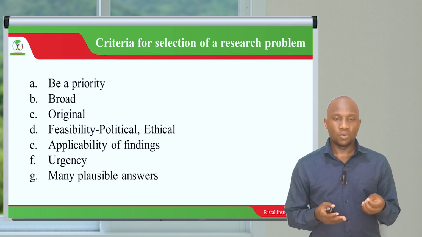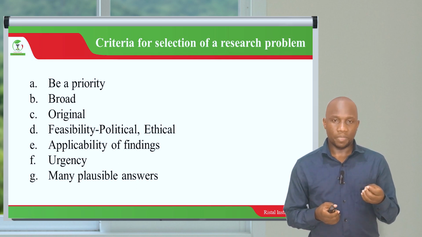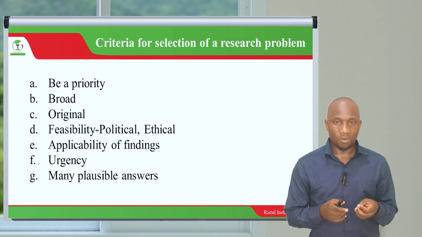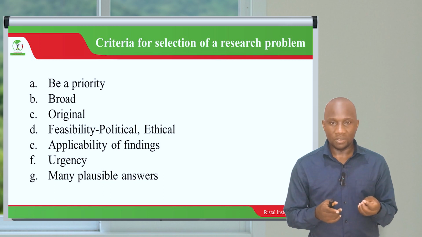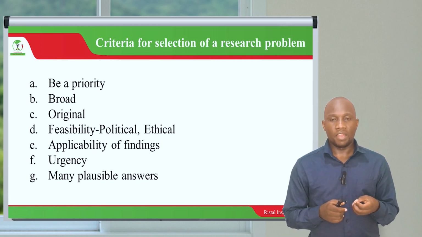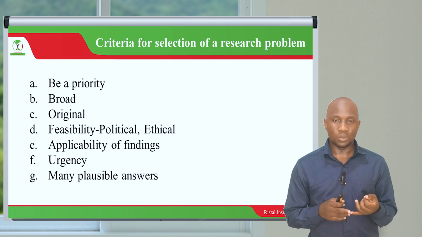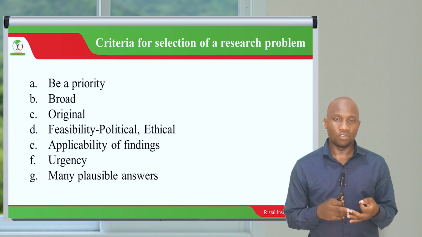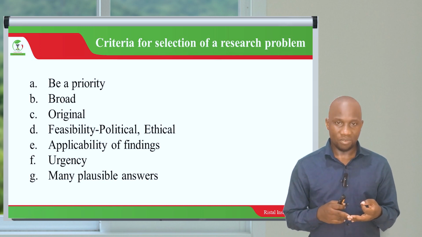So you don't want your research participants to face any challenge whatsoever, or put them in harm's way in whatever way. So ethical research should be one that is consented to, where there is privacy, and also issues of confidentiality are very important in research.